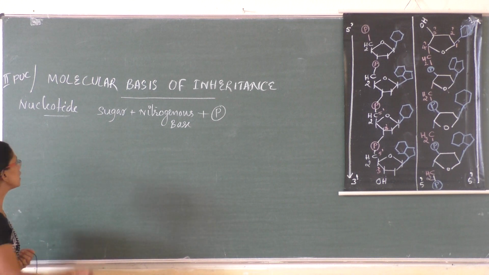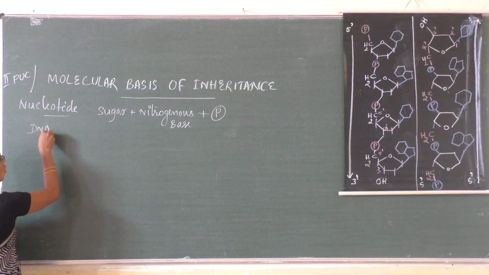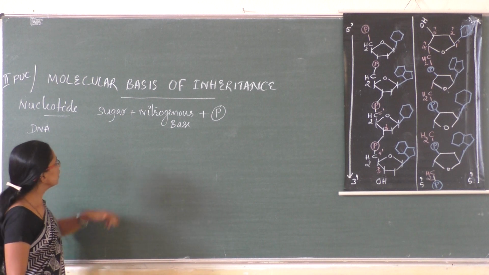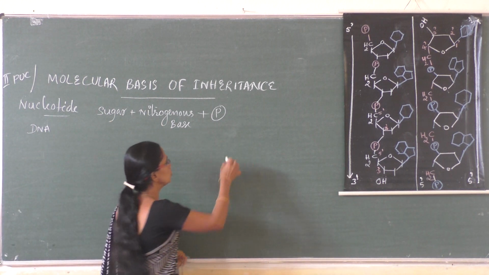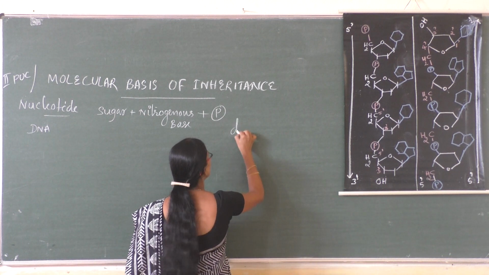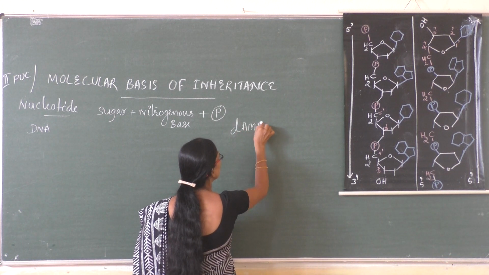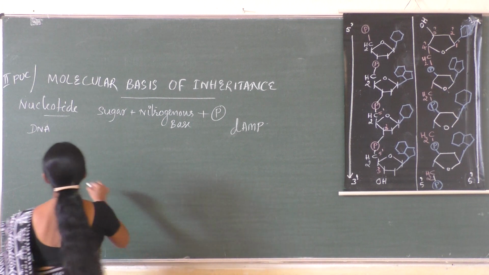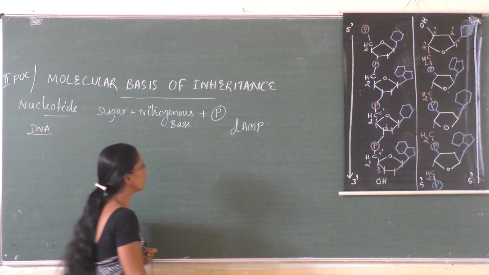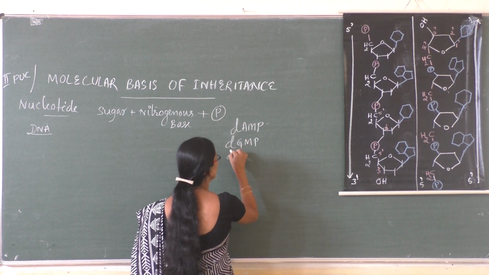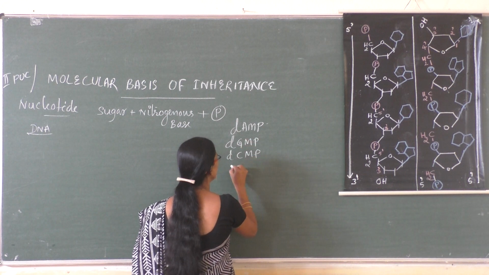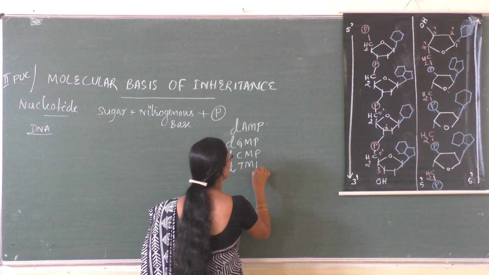The sugar in the case of DNA is deoxyribose sugar. Deoxyribose sugar, adenine plus phosphate gives the first nucleotide, deoxyadenosine monophosphate, that is for DNA. So the four nucleotides are deoxyadenosine monophosphate, deoxyguanosine monophosphate, deoxycytidine monophosphate and deoxythymidine monophosphate.